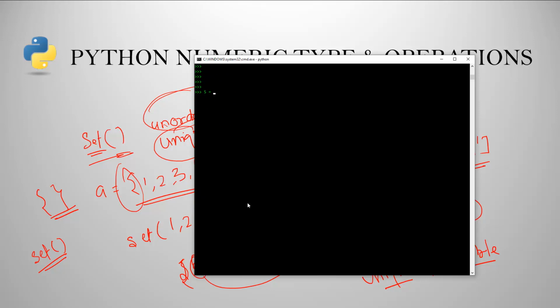If you create S with these curly braces and check the type, it will show dict. To create an empty set, you have to use set. Now if you check the type, it will say set, and if you print set1, it will give a set.